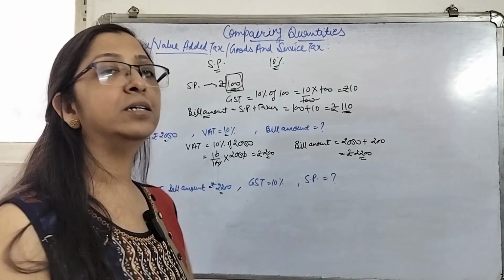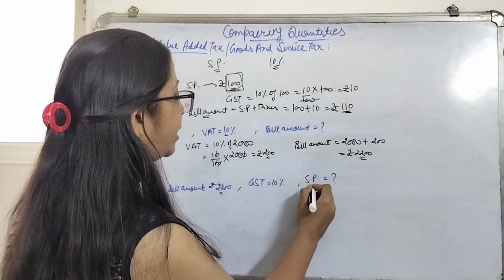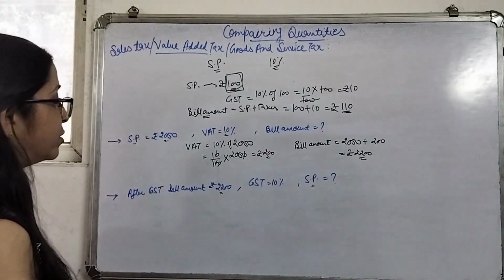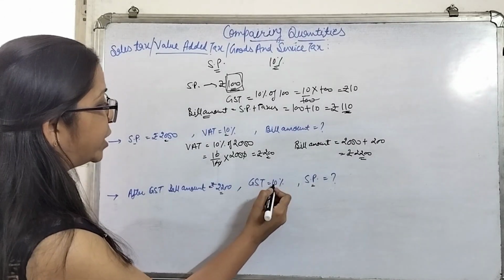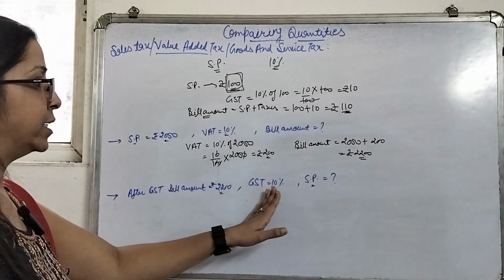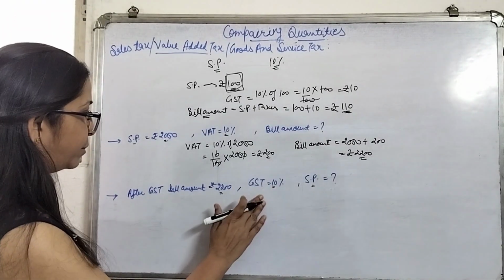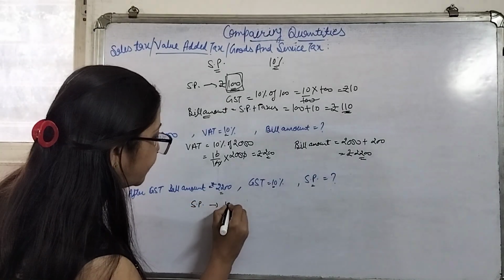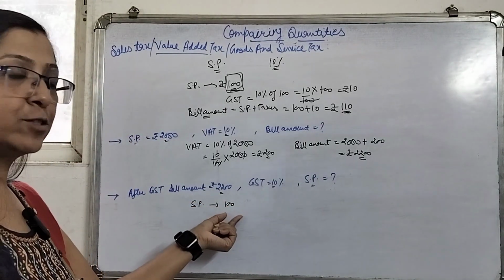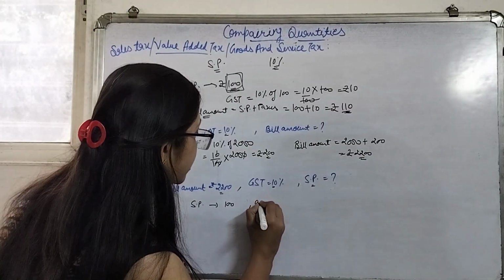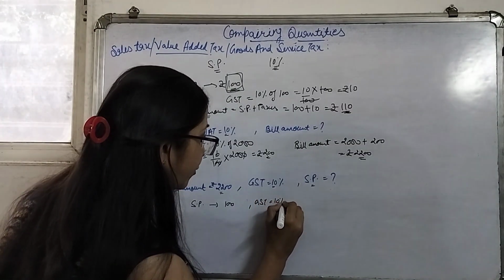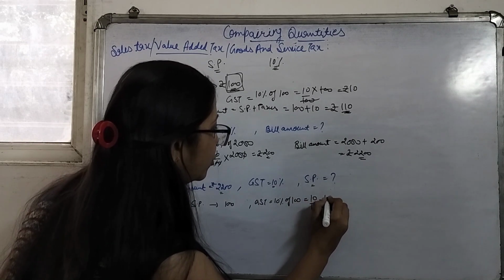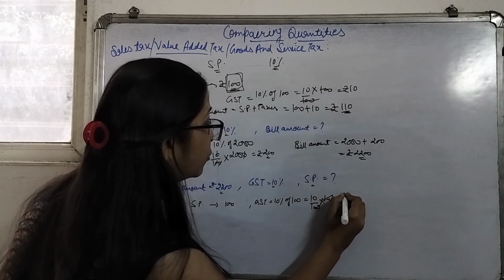So what will be the selling price? Now here what we need to find is your selling price. We need to find it out. Now see, if your GST is 10%, that simply means if the selling price was rupees 100, GST was 10% of 100, that is 10 upon 100 into 100, that is 10 rupees GST.